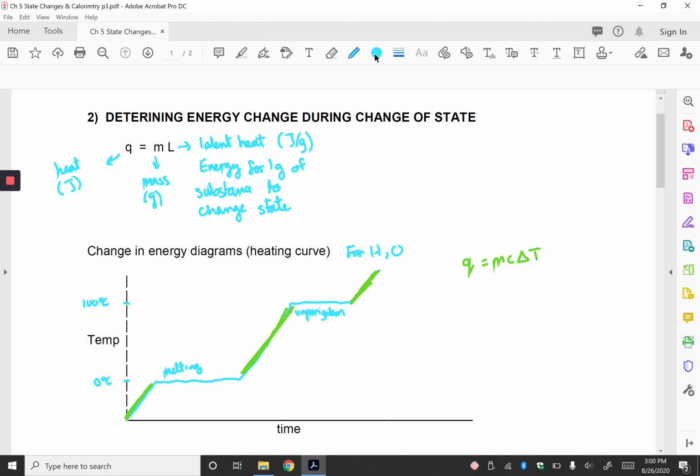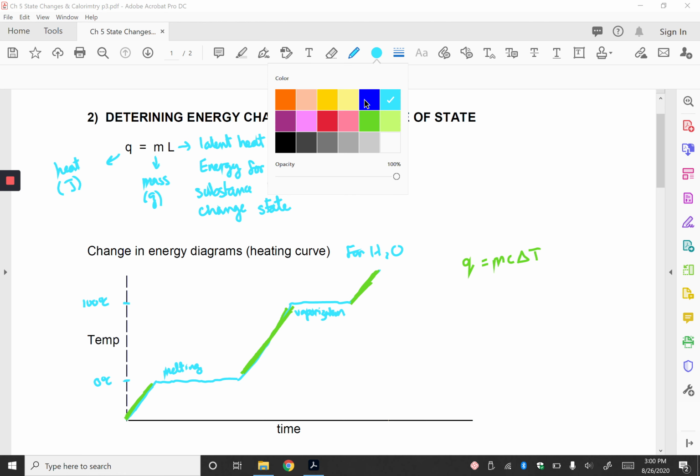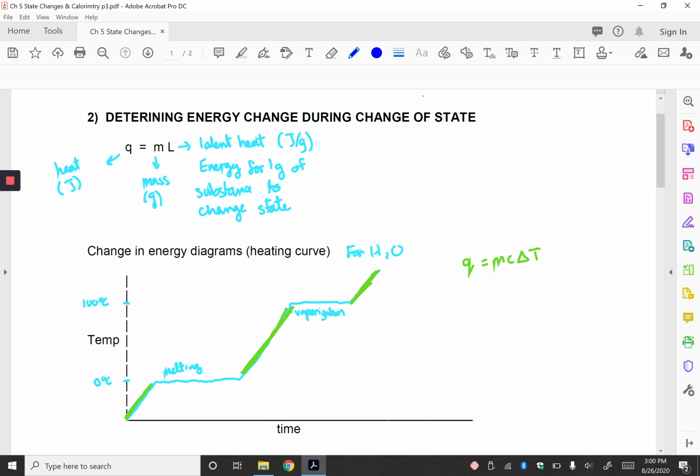Okay. Now we have latent heat of vaporization. We use that for evaporation or for condensation. We use the latent heat of vaporization, also known as ΔH vap.